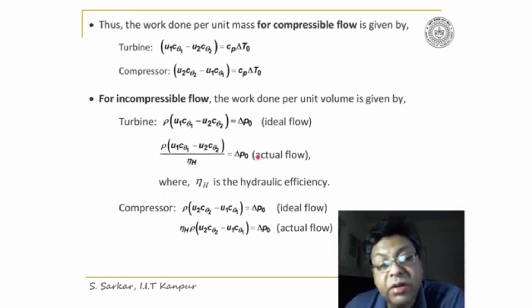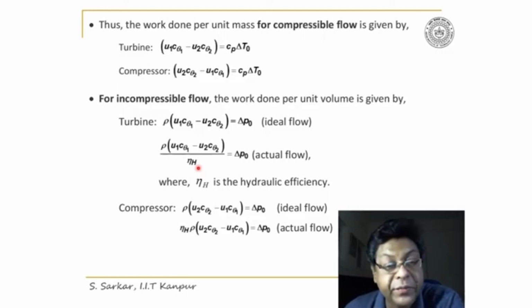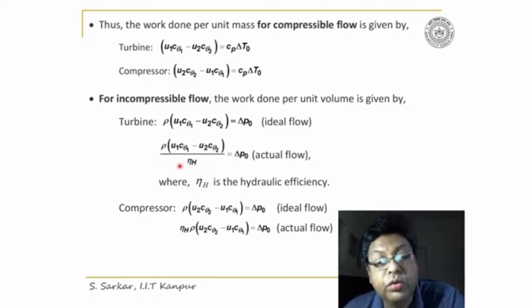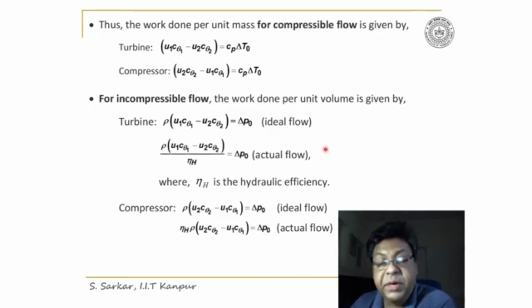For an actual situation it will be divided by eta h, where eta h is the hydraulic efficiency. So for the actual case, considering a turbine, it will be rho into (U1 C theta 1 minus U2 C theta 2) divided by eta h equal to delta P0, where delta P0 is the pressure drop.